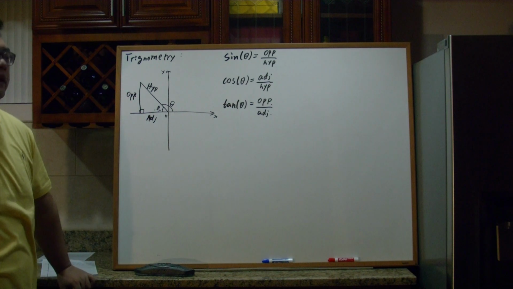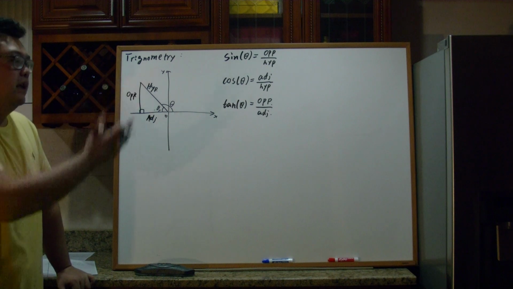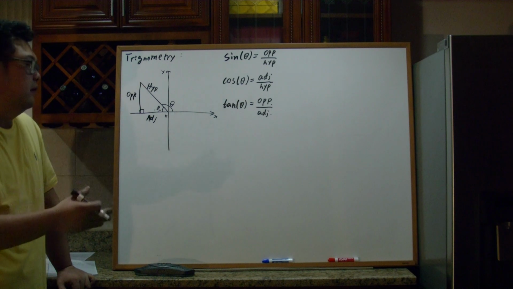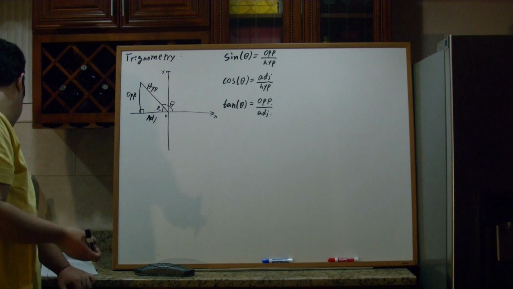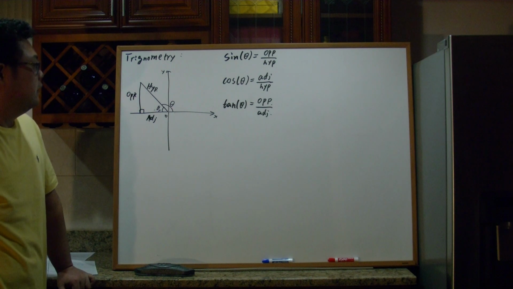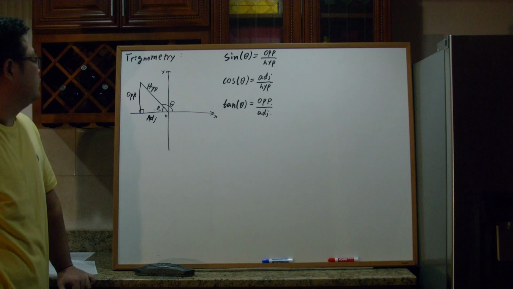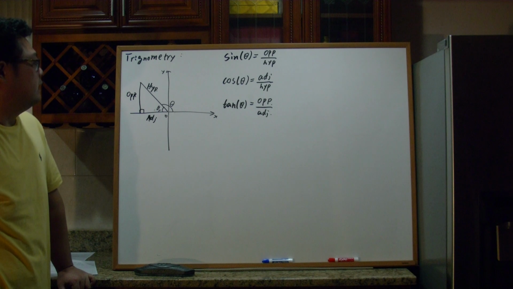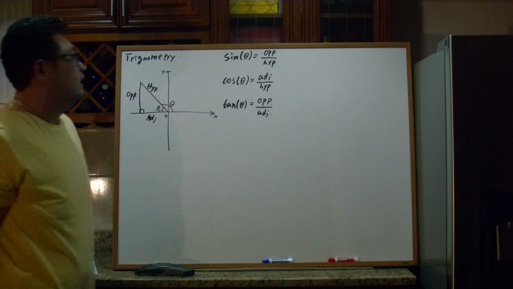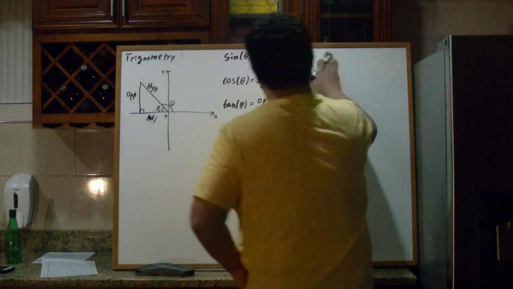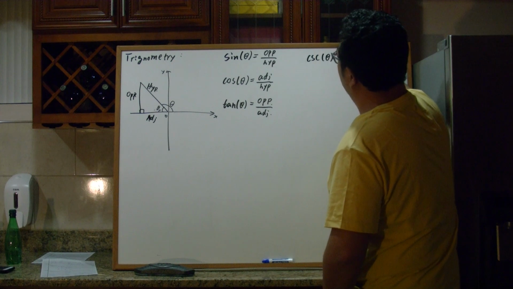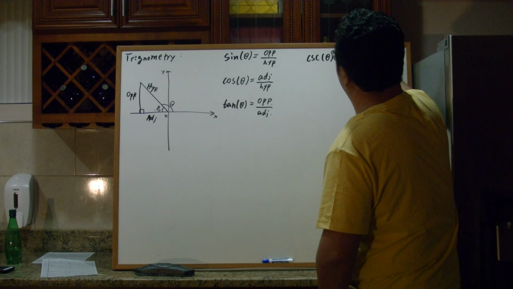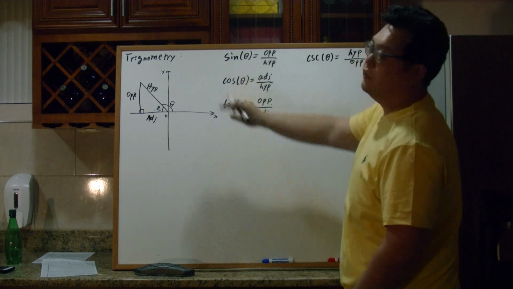Like when we see the slope of a line is actually the difference of y over the difference of x, which is the tangent value of the angle. So that is tangent. Three other values are cosecant, which is hypotenuse over opposite, the reciprocal of sine.